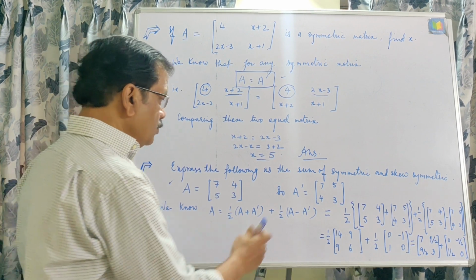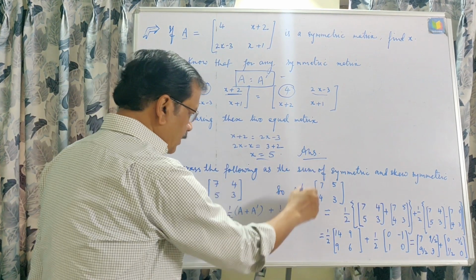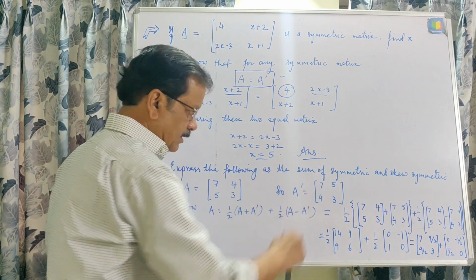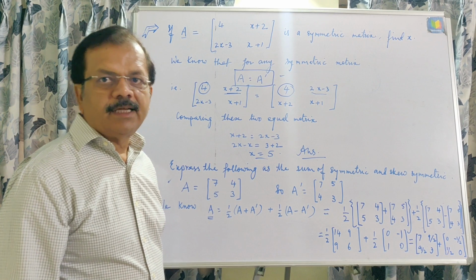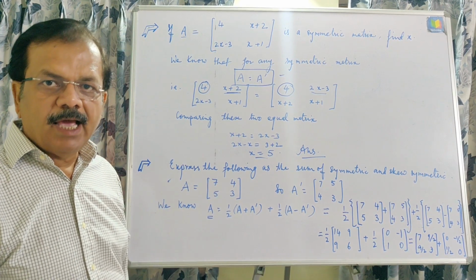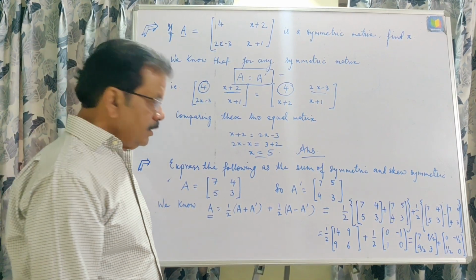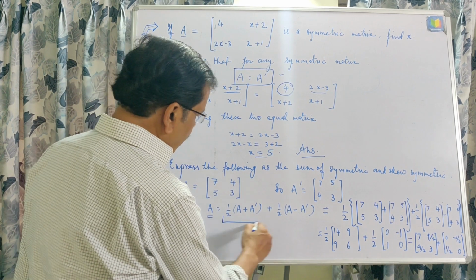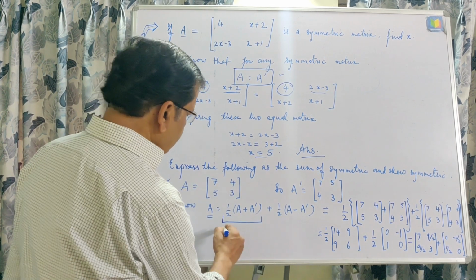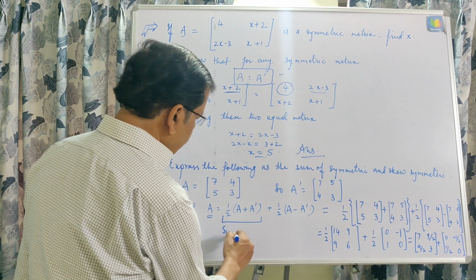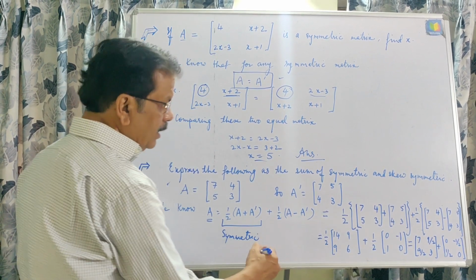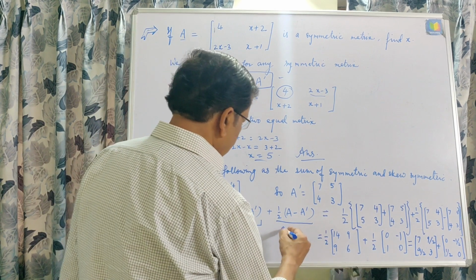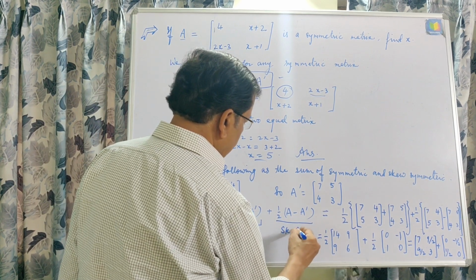What would be the transpose of this? 7, 4 will be written here, 5, 3 will be written here. Then we know how we can write any matrix as a symmetric and skew symmetric sum. Half (A plus A dash) is the symmetric part, and half (A minus A dash) is the skew symmetric part.